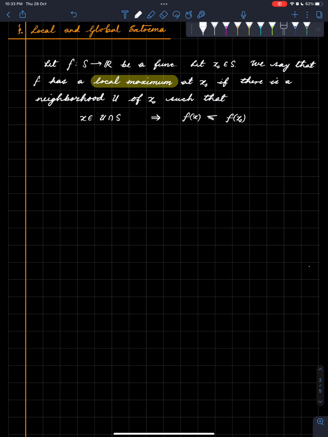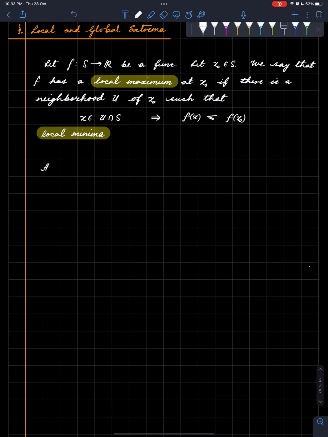And similarly, we can define local minima. That I leave to you, and these two definitions together can be put together to form a single word, which is local extrema.